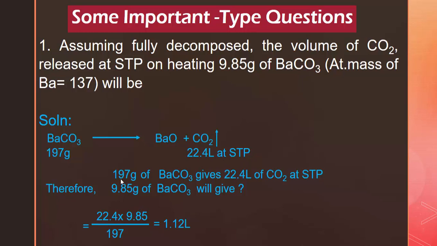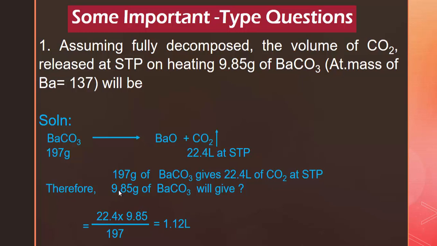So now let's write that here. 197 grams of barium carbonate gives 22.4 liters of carbon dioxide at STP. Therefore, here the value is given to us. Therefore, 9.85 grams of barium carbonate will release how much quantity of carbon dioxide at STP condition.